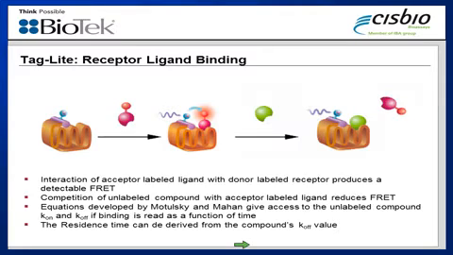And in general, the assay works in the following manner. Cells are engineered to express the receptor of interest, which you see here, which contains a SNAP-tag labeled with a terbium molecule.